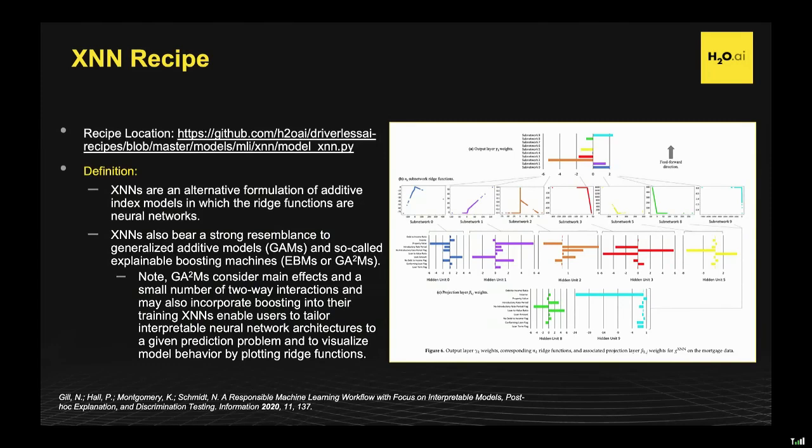You don't have to use a very uninterpretable deep neural network with a million hidden layers and epochs. You can use XNNs, which are white box models that allow us to explain a lot of what's going on and the features that are making important decisions. And structurally, they're very close to what we just described, the explainable boosting machines like GA2Ms, or the original GAMs, generalized additive models.